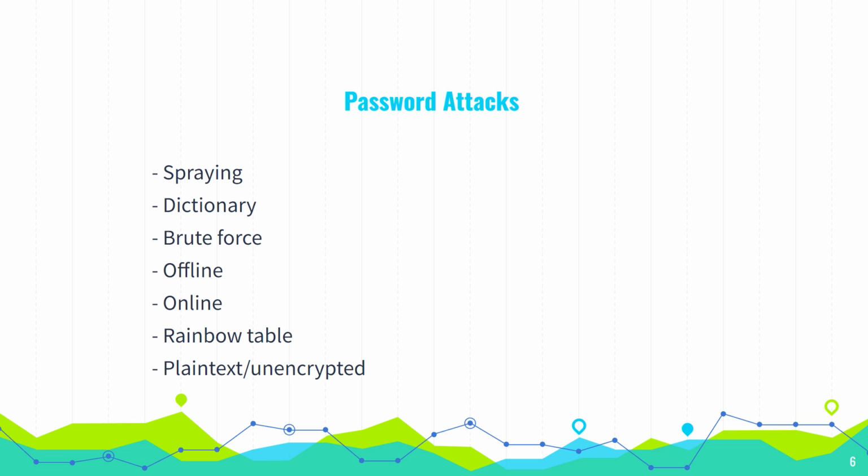But the difference with online is that the authentication service can detect when you're trying to do something. So offline, I would say, is more dangerous. Then we have rainbow table.